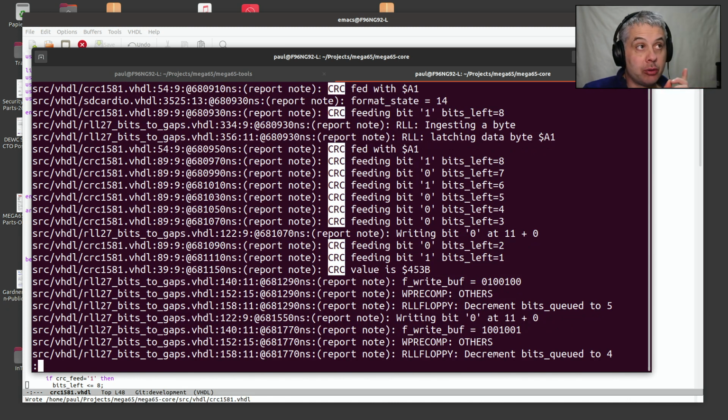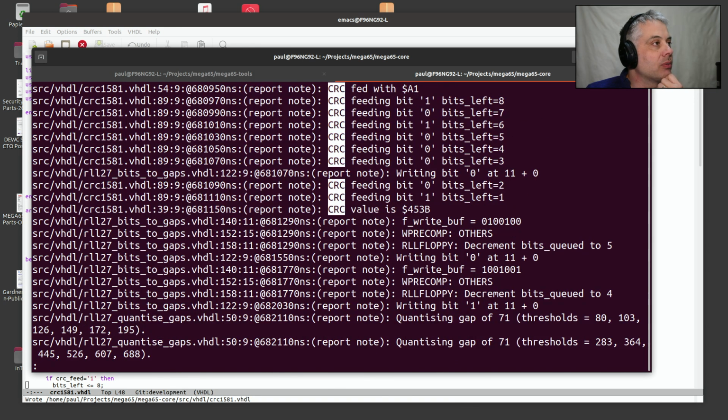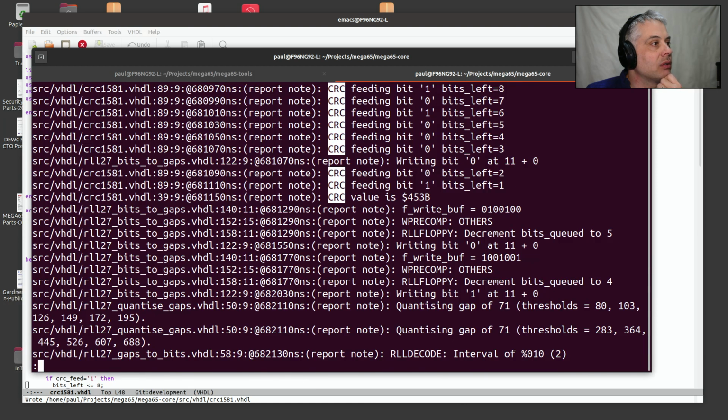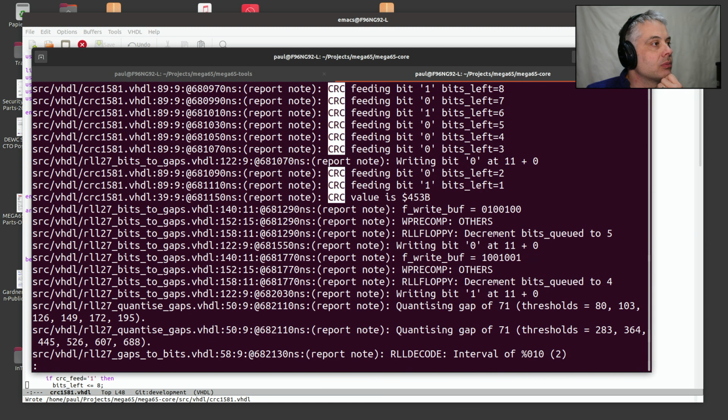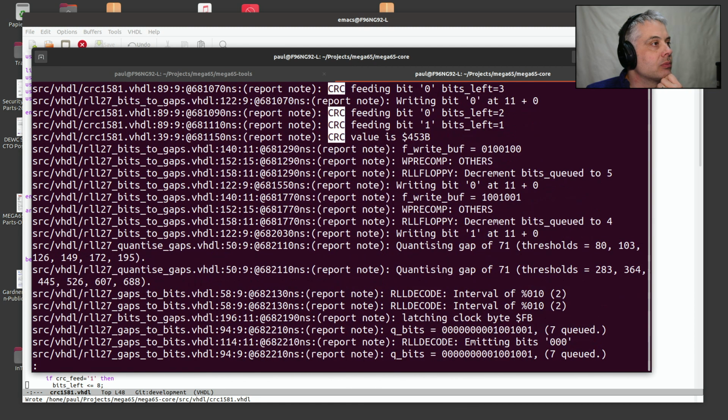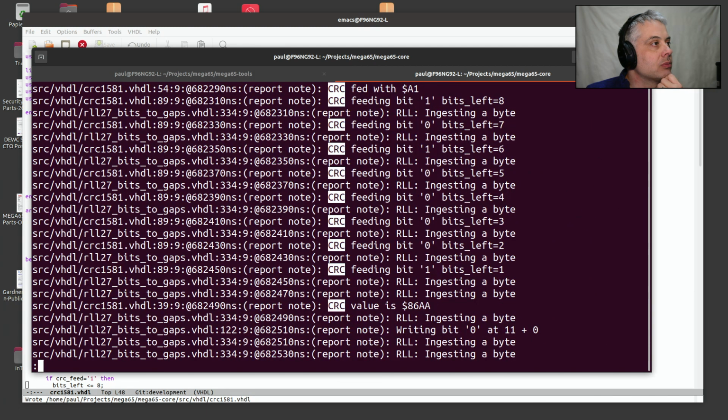What should be in there is the 3 sync bytes should be counted in there, and then we should have the FE, and then the various bytes of that. So we have the A1, that's all well and good. We have the next A1. We have the next A1.